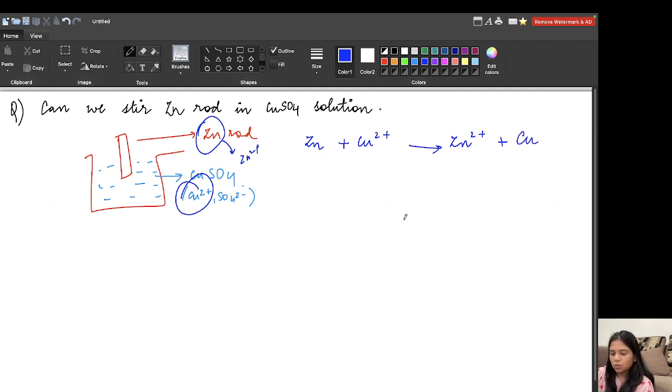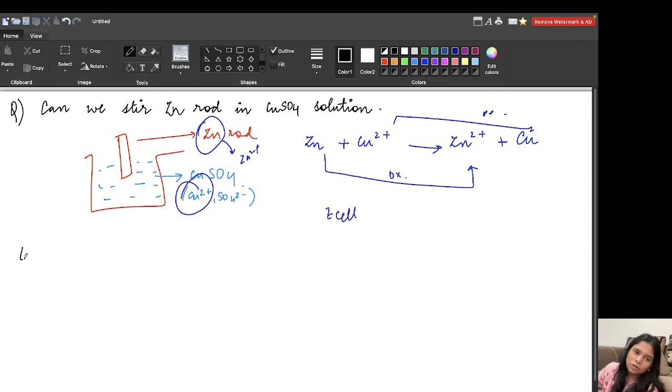It's giving you Cu. So zinc is undergoing oxidation and your copper is undergoing reduction, right? So just calculate E of cell. Two things I forgot to give you, the E naught values. The E naught value for Zn2+ and zinc is minus 0.76 volt and E naught value of Cu2+ and Cu will be 0.34 volt.